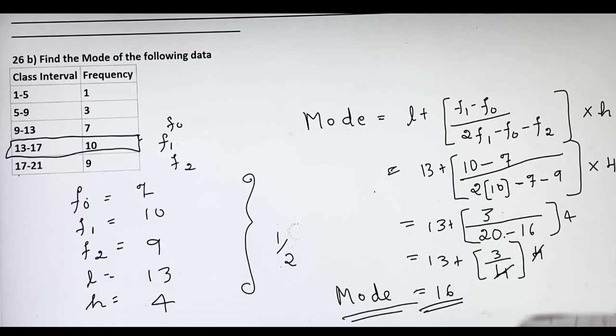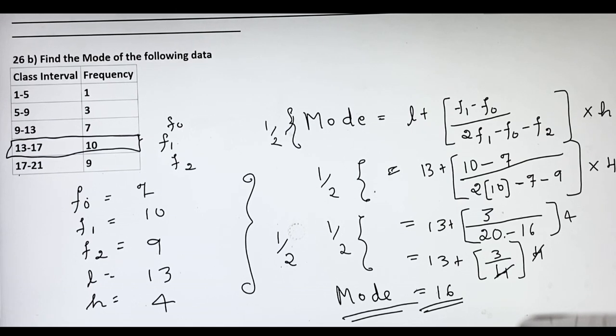For the formula itself, we have half a mark. Substituting the values into the formula carries half a mark, and the remaining steps until we find the value of the mode carry half a mark. Okay, clear? Yeah, this is the step.